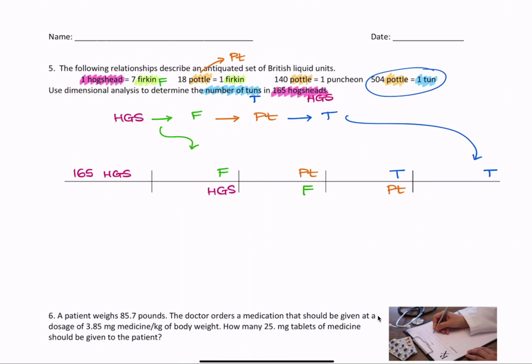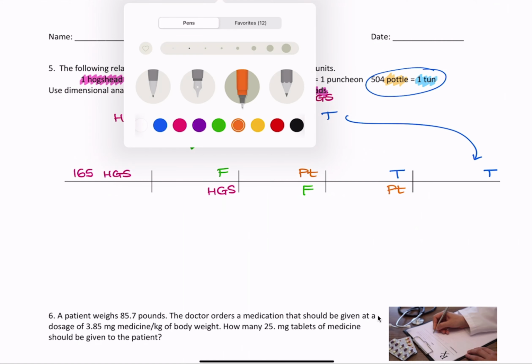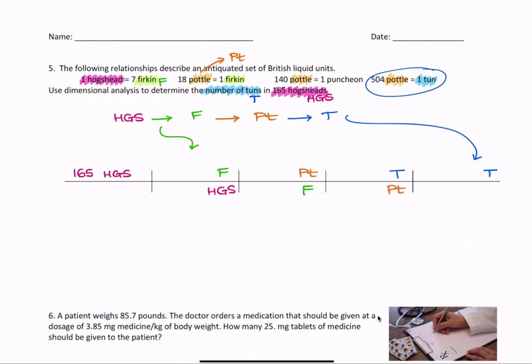Let's fill in the blanks. There is, per the first relationship, 7 firkin in 1 hogshead. Per the second relationship, there's 18 pottle in 1 firkin. And per the fourth relationship, there's 504 pottle in 1 ton.